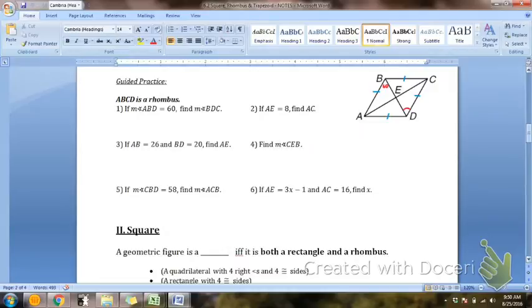Well, remember we talked about in a rhombus, this angle is the same as this angle, which is the same as this angle, which is the same as this angle. So how much is the measure of angle BDC? Also 60 degrees. Okay? So the measure of angle BDC is 60 degrees.